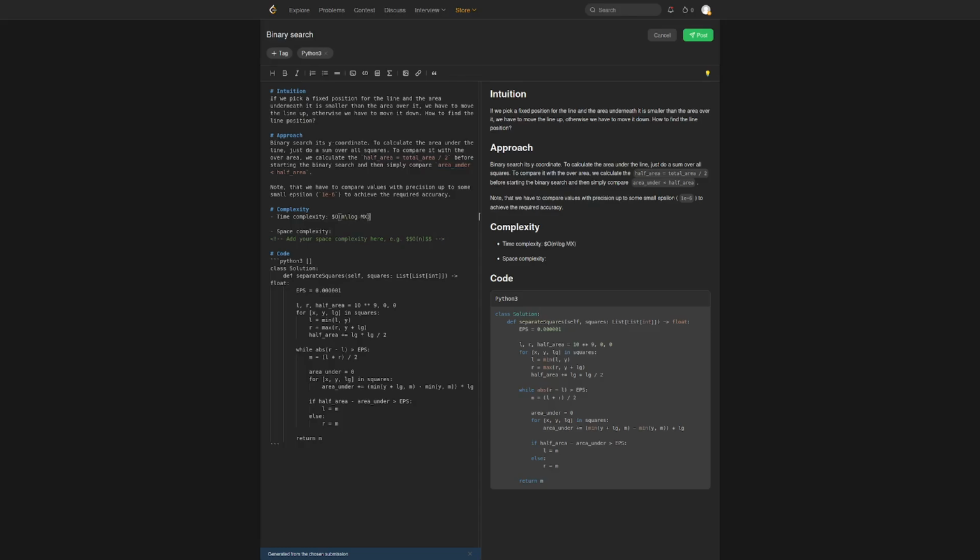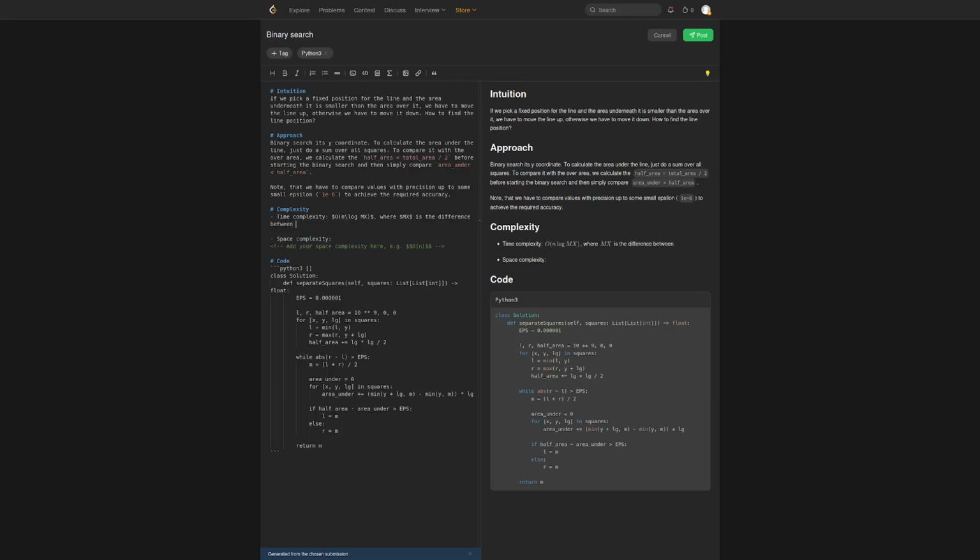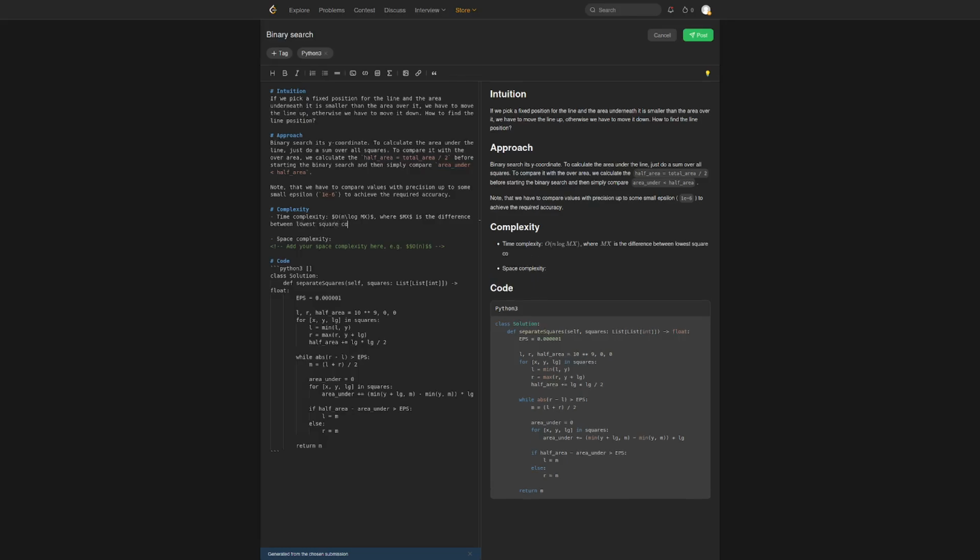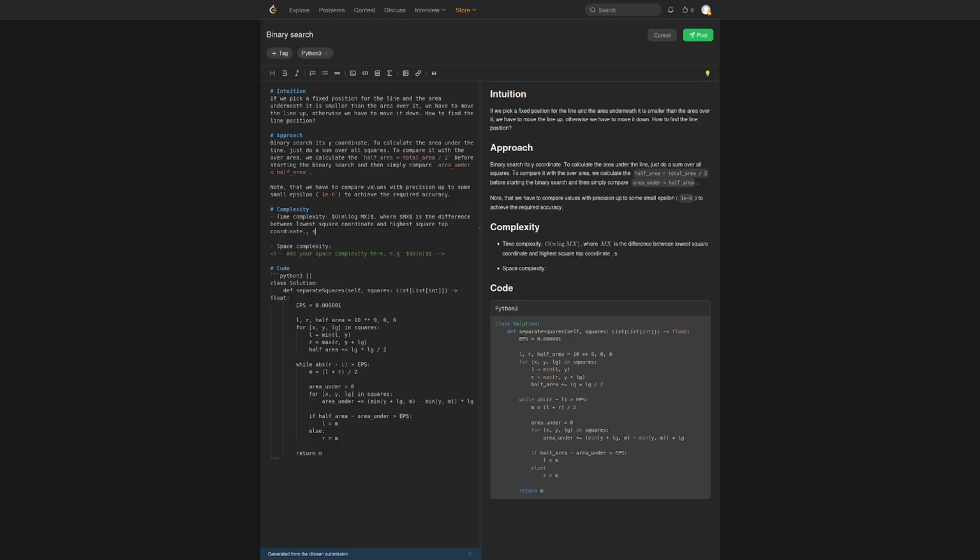And log max, where max is the maximum difference between lowest square coordinate and highest square top coordinate.